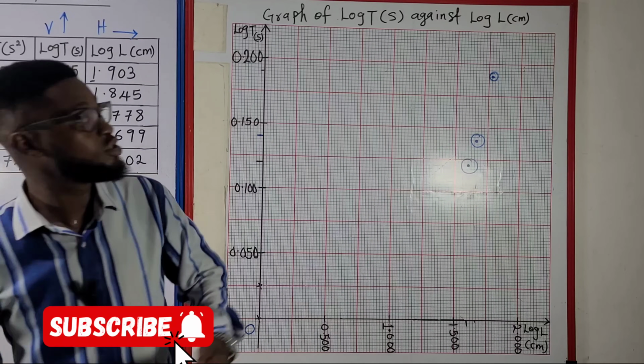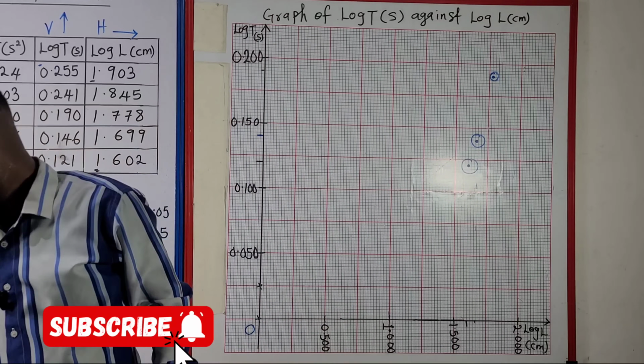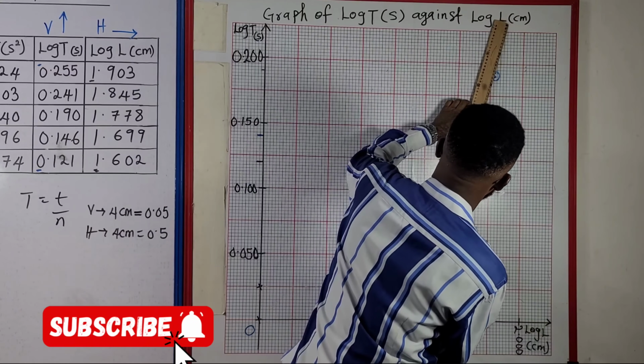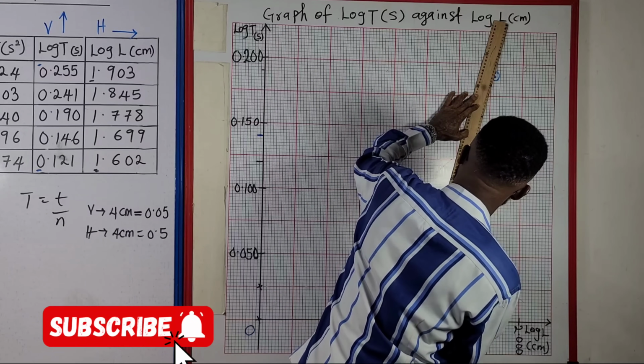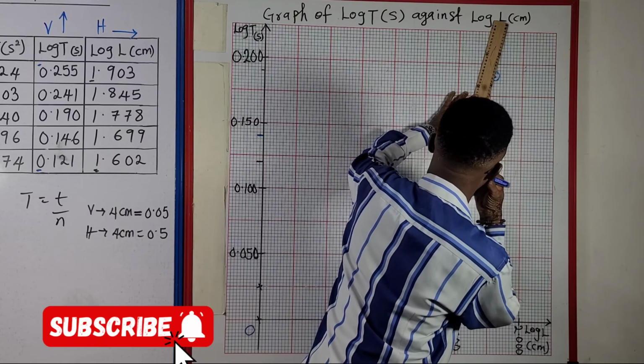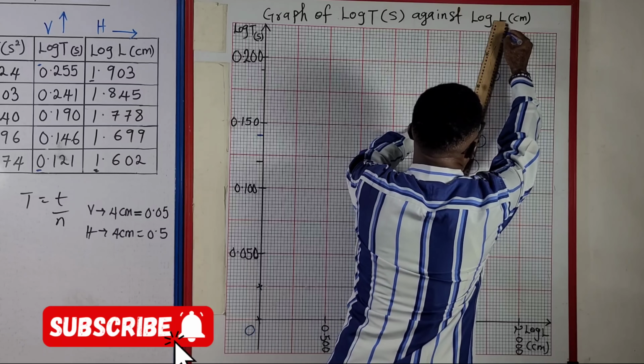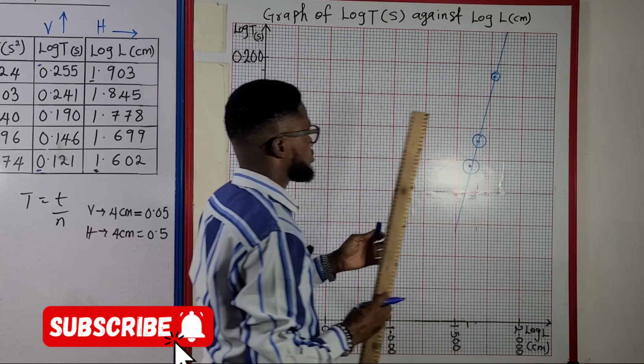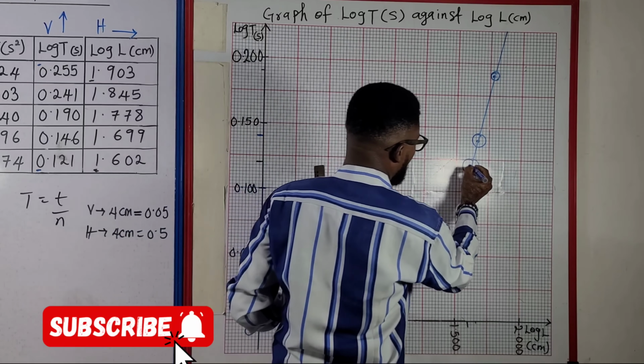When you are plotting yours, you just continue this, and this is what you're going to have. If you look at the three we've had so far, you can see it all meets up.